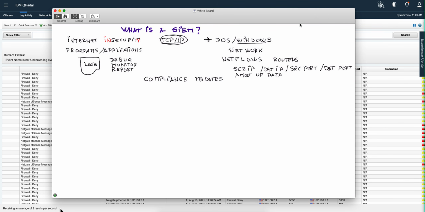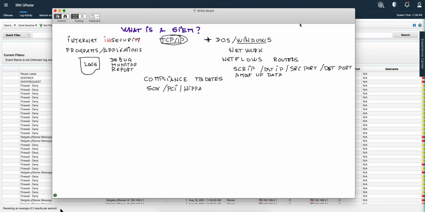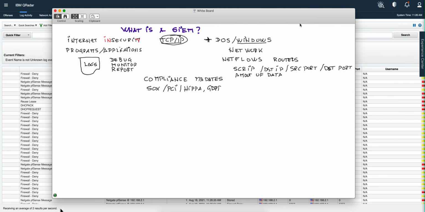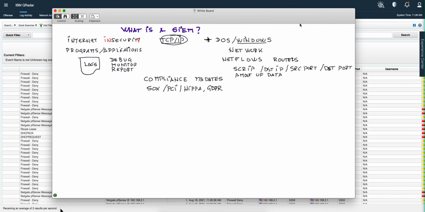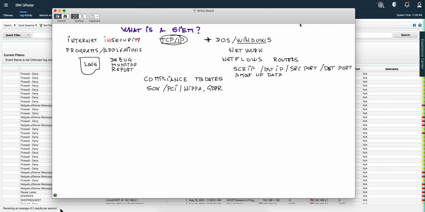Let's forget about it. But then the compliance regulations in the early days were SOX, PCI, HIPAA. There were many others, and now more famously the GDPR in Europe. Those were very strict mandates, particularly the GDPR. They say you need to comply with this. You need to make sure that you check all those things. And that's what mostly gave birth to the SIEM market.